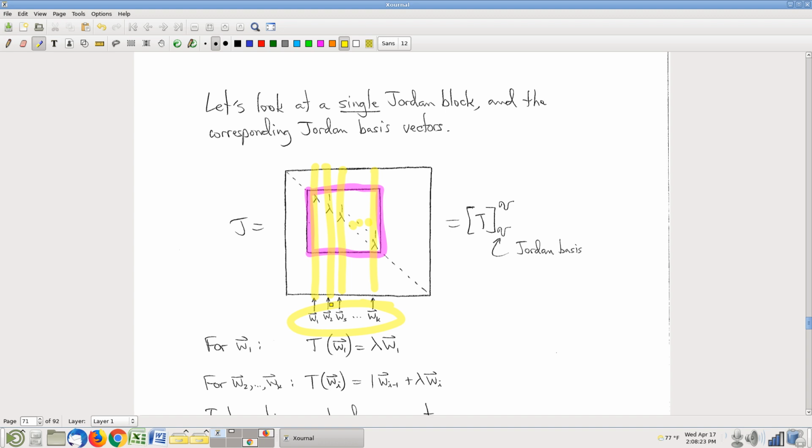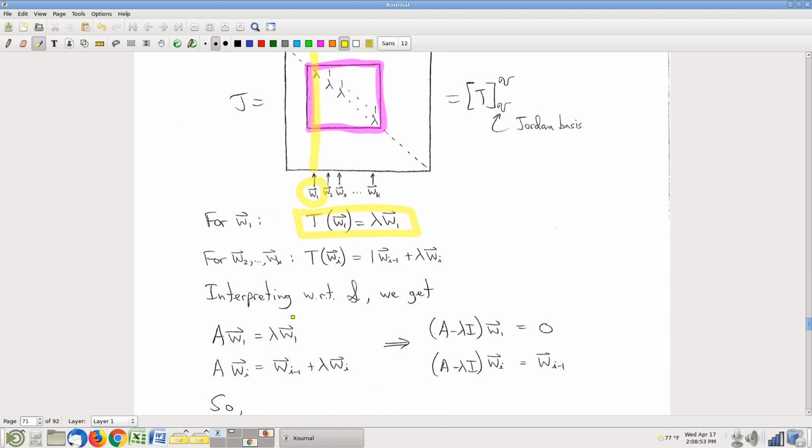And let me further remind you that we know how to interpret the meaning of these columns. Let's look at these a few at a time. Let's look at this first one here. That first column is telling me about T of W1, and it's telling me T of W1 is lambda V1. Section 5.3: columns give you coefficients of images with respect to the appropriate basis.